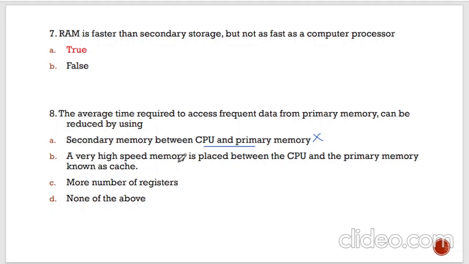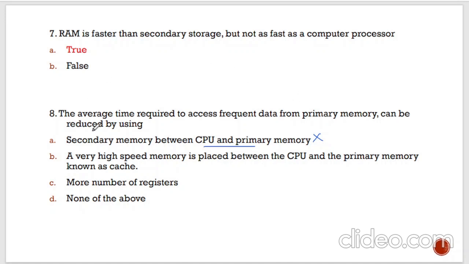A very high speed memory is placed between the CPU and the primary memory. Till now we have discussed that in order to cope with the speed of the CPU, we need primary memory, that is RAM, between the CPU and the secondary memory. As the data is permanently stored in secondary memory, primary memory, that is RAM, will access the data from the secondary memory.